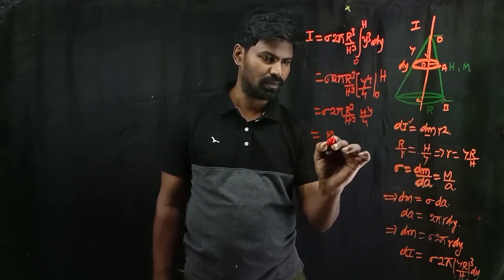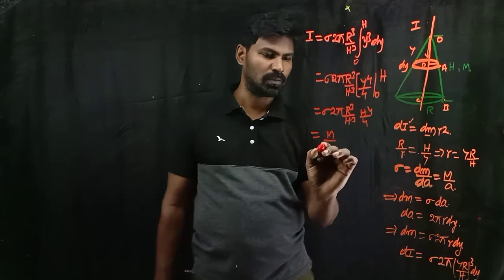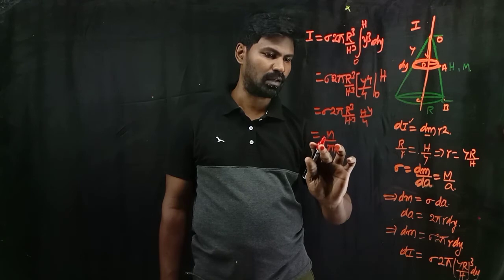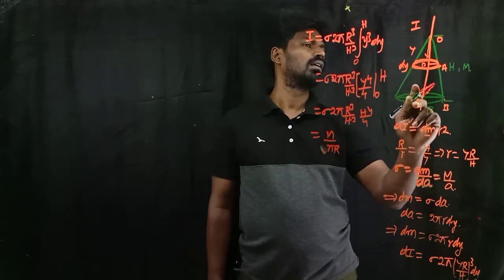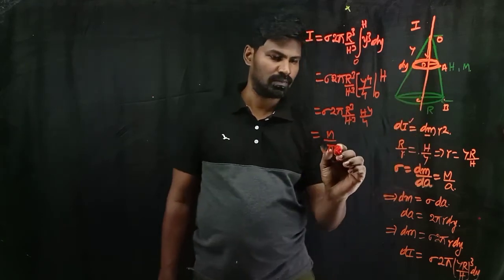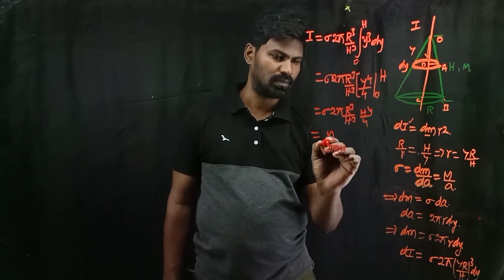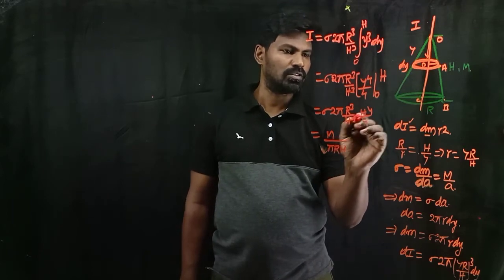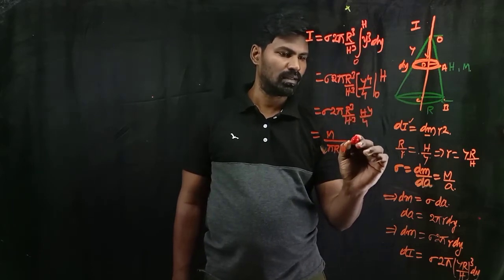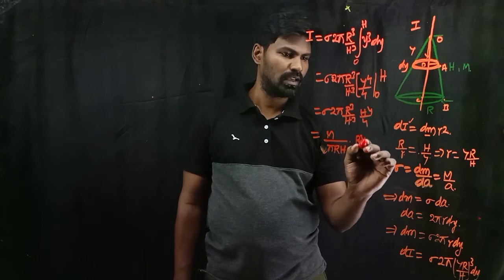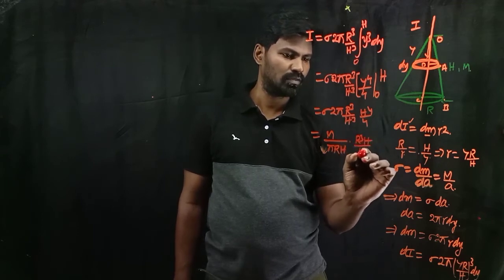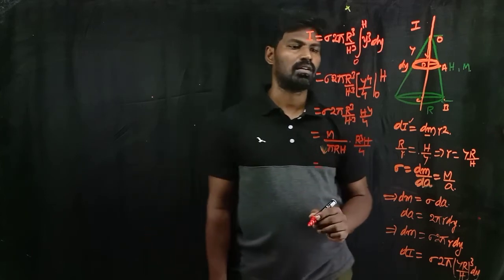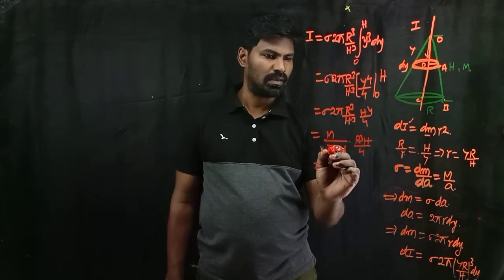Mass is capital M divided by the area of the hollow cone, which is pi capital R into its length, let me take it as h only, pi capital R into capital H. So h cube, h power 4 gets cancelled, and you will be getting R cube into H divided by 4. Through this, how much are you going to get here? Pi.